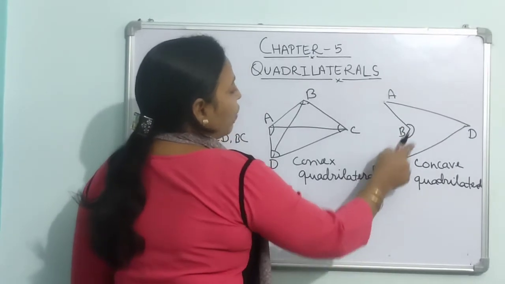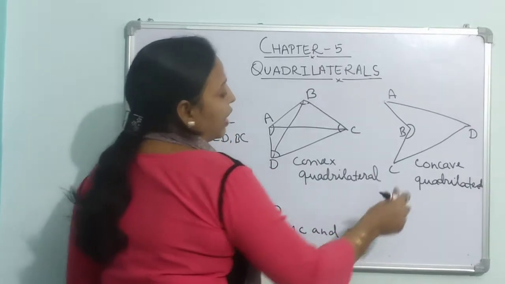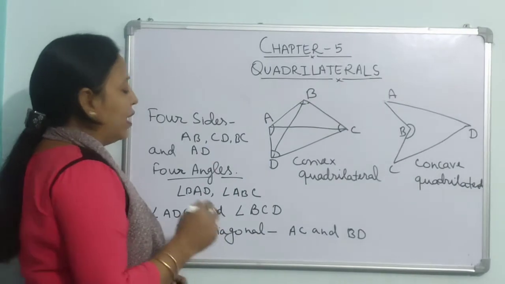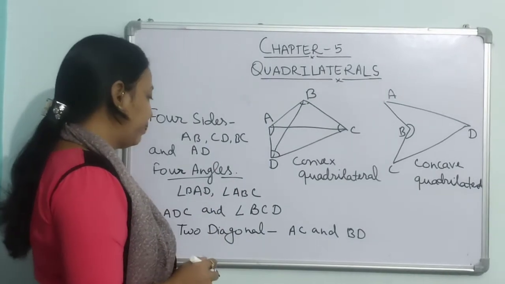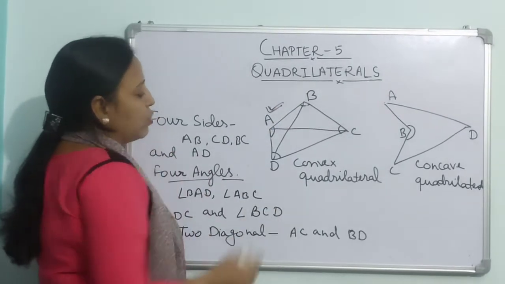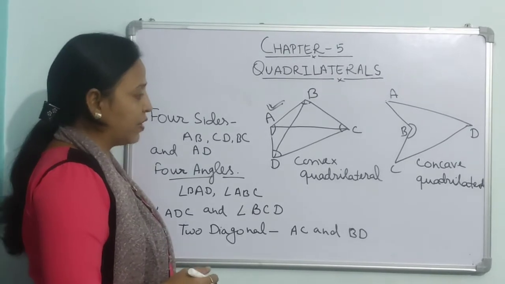So where any one angle in a quadrilateral is more than 180, that is known as concave quadrilateral, and if all the angles are less than 180, then it is known as convex quadrilateral. So we will study about this one only, convex quadrilateral. Now the other details about the convex quadrilateral we will discuss.